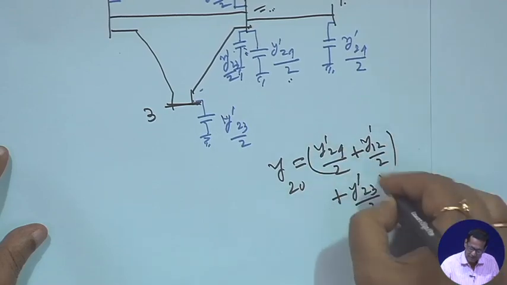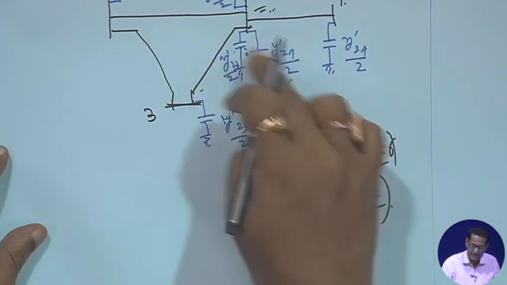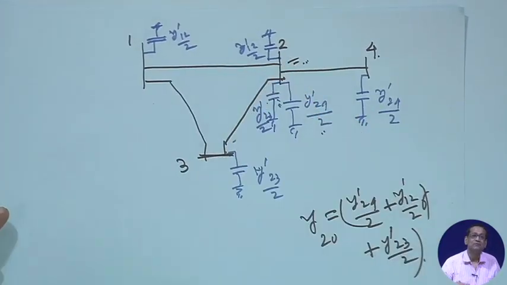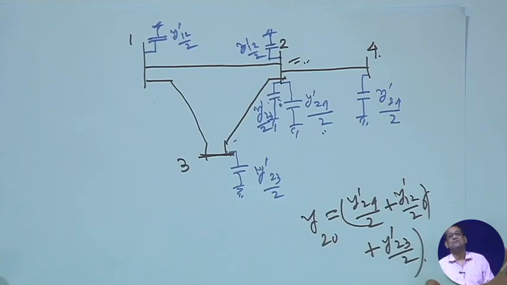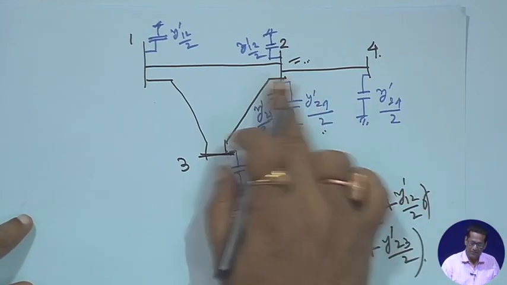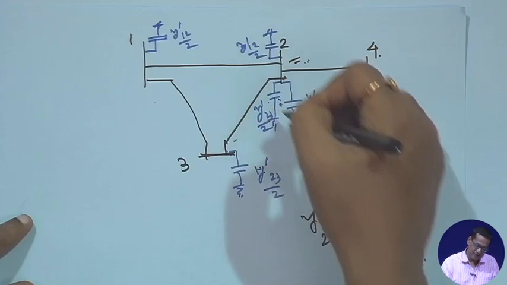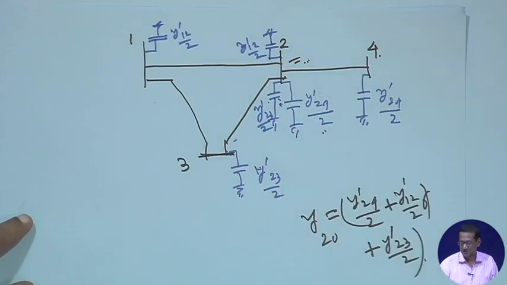These 3 terms you have to add at bus 2. This way you have to consider the charging admittance: make it half, then sum up all the charging admittance for the transmission line.